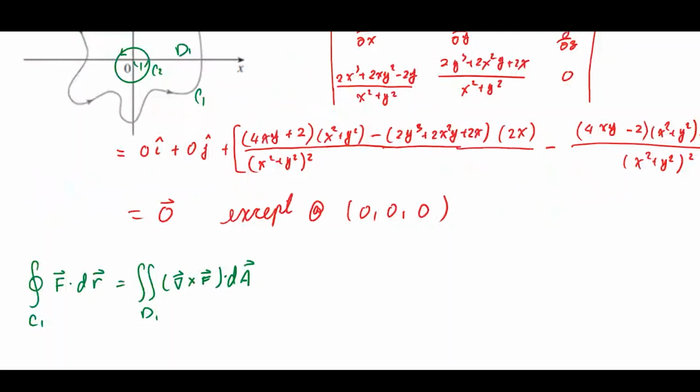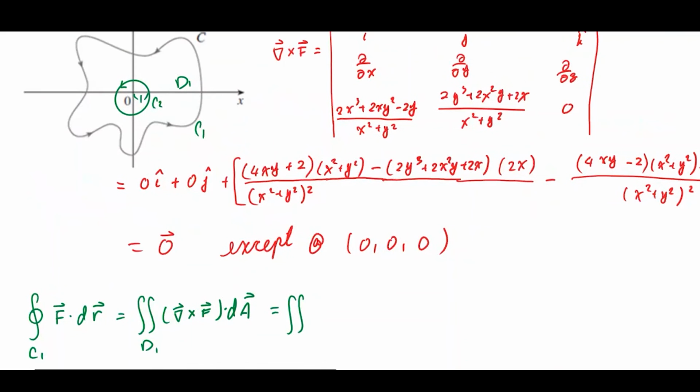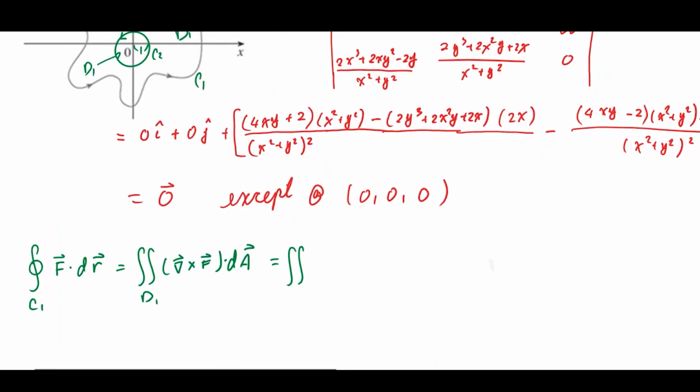Good. Now, if we call that tiny area in here D2, because there's nothing, your curl is 0 everywhere except the origin. So the only curl that occurs is at the origin, isn't it? So this is the same as the integral over D2 of curl of f dot dA.